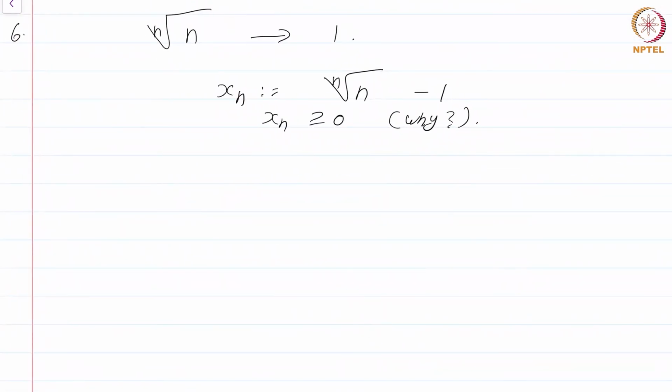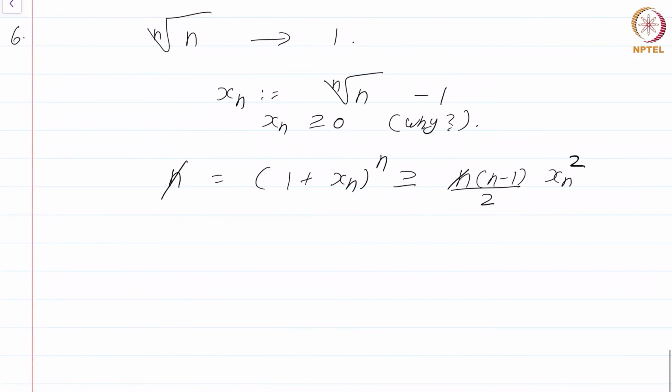Now n will again be equal to (1 plus xn) the whole power n. And now we expand this by the binomial theorem. We will have many terms. I am interested in only one of them. This will be greater than or equal to n into (n minus 1) by 2 times xn squared. Now, since n is greater than or equal to this, we can cancel off the n. We get (n minus 1) by 2 times xn squared is less than or equal to 1.